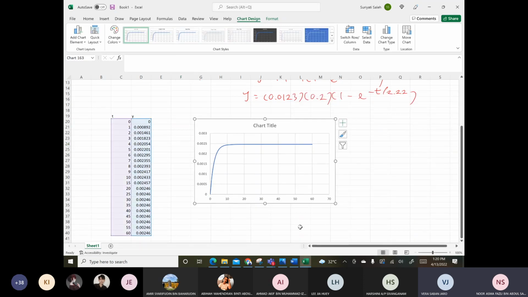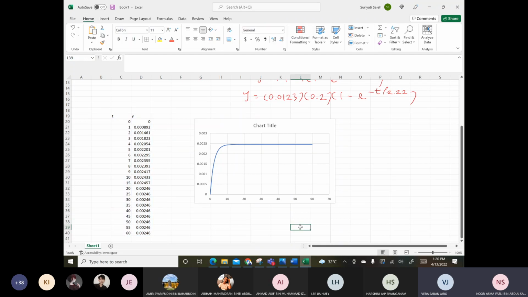Alright. So according to this is my first order response. This is known as the first order response. So in this case, I just want to show you how to obtain K and the tau from the graph.